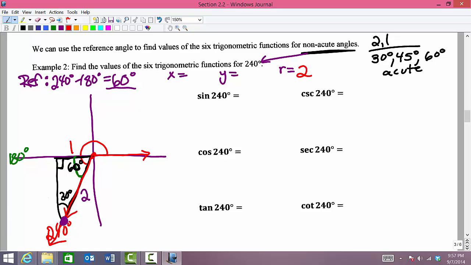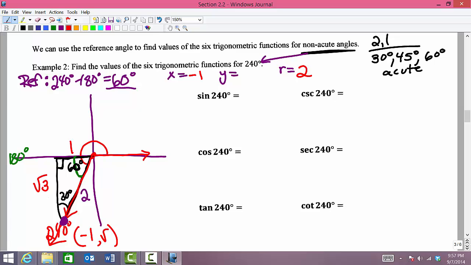And in the x direction, in the x distance, that's across from our 30-degree angle, so that would be 1. So we actually know that our x will be, well, let's think about that again, because if I'm going in the left direction here in the x direction, if I'm living in quadrant 3, then that x would actually be -1. And then my y direction, this side, is across from our 60-degree angle, which would be the square root of 3.